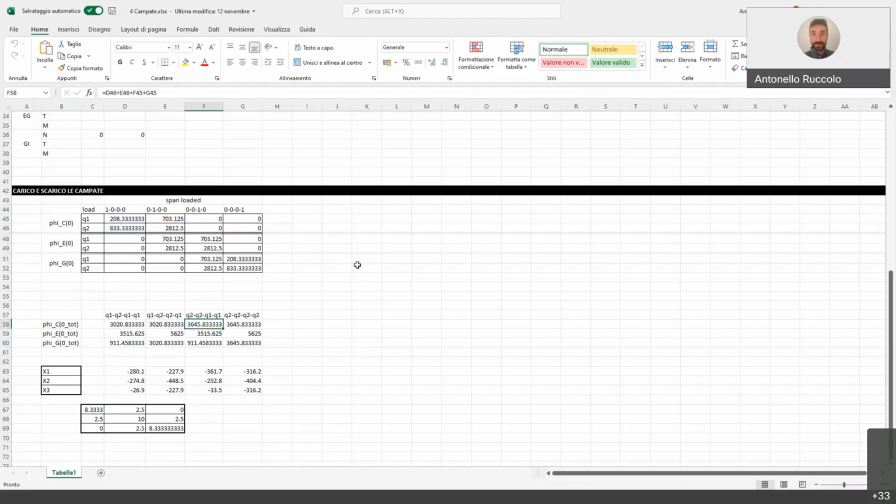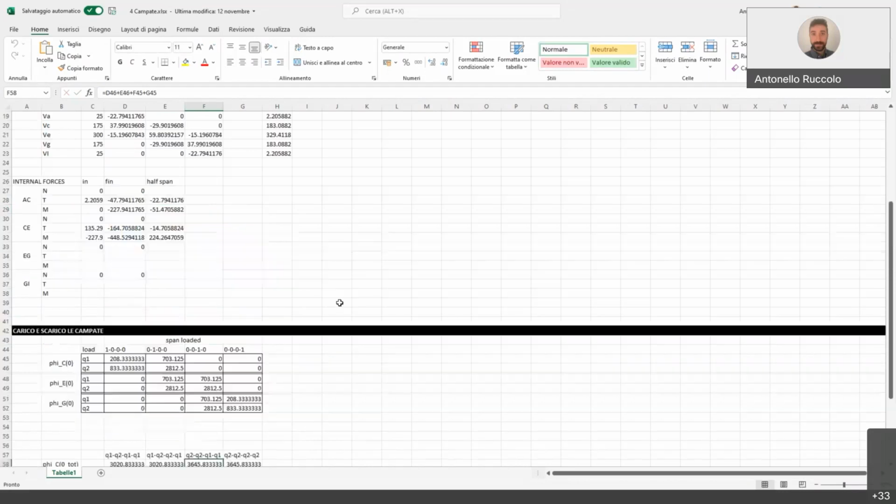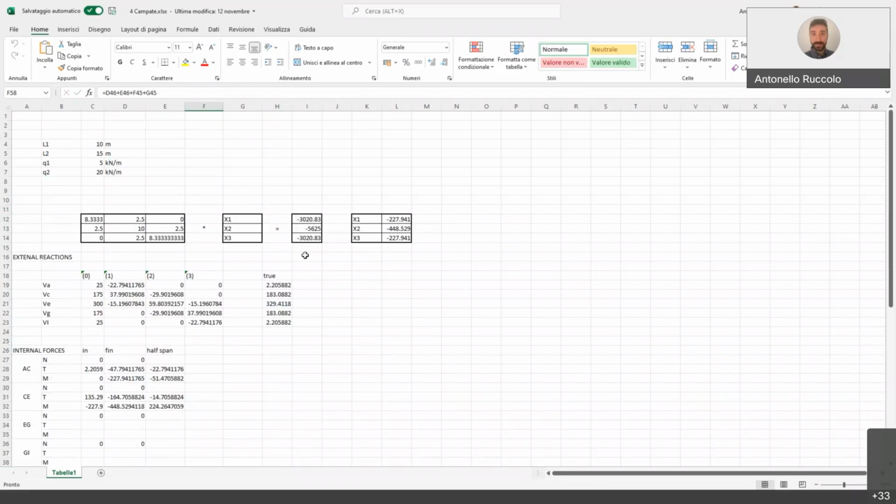So what changes, as a matter of fact, from the previous exercise is only this vector. And this is very easy to understand, because if I load in a different way, only the flexibility coefficients associated to this external condition will change, whereas the matrix of coefficients of the static unknowns is always the same.